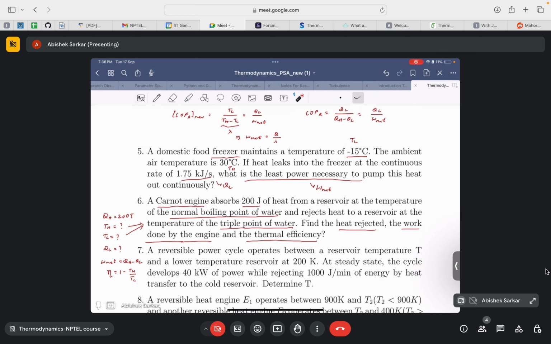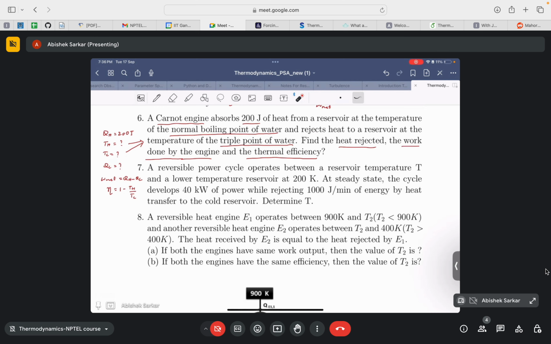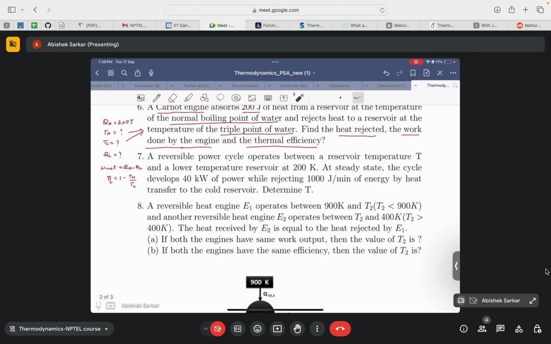Let me try it out. Eta would be 1 minus 273.16 by 373.15. Just taking approximately, we can keep 370 as well. So you get some value, say alpha. Now W net by QH is alpha, so from here we can easily find W net.